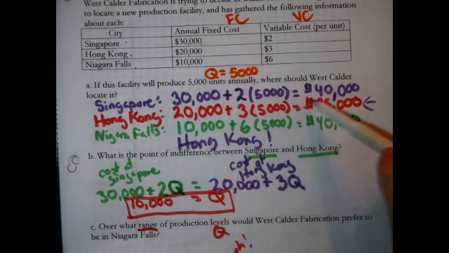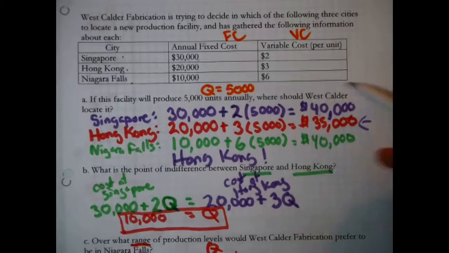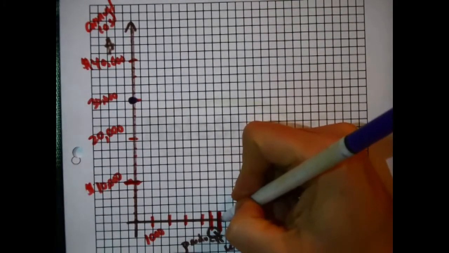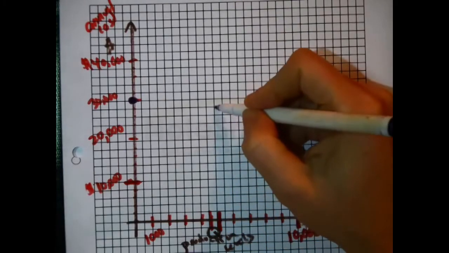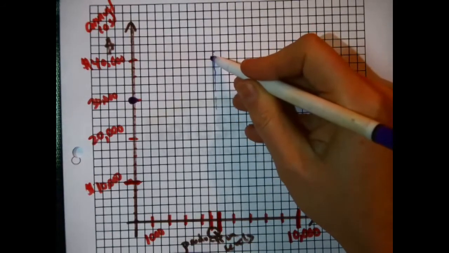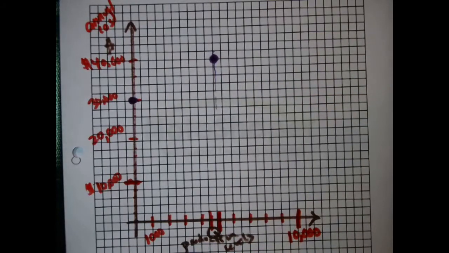We had determined that to answer this first question, it would cost 40,000 annually. Great, I'm just going to use that work because this was 5,000 right here as a production level. So I'm going to trace that line up to, right, there we go, 40,000, right there. If you have found 2 points, you have found the line.